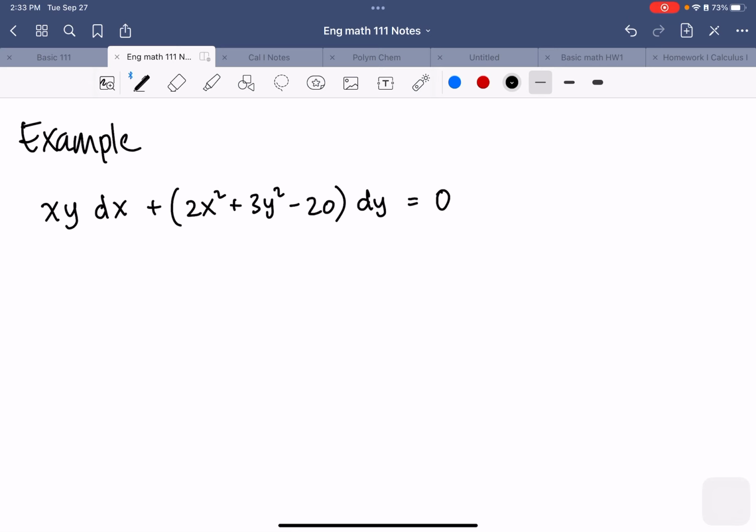As usual, you can check the exactness, and of course it will not be exact by a simple differentiation. You will see that it's not the same value when you partially derive. So partial y becomes x, and partial x becomes 4x. So not equal, right?